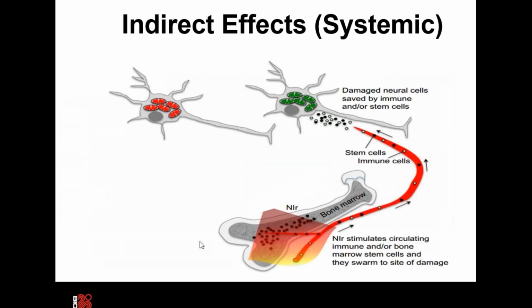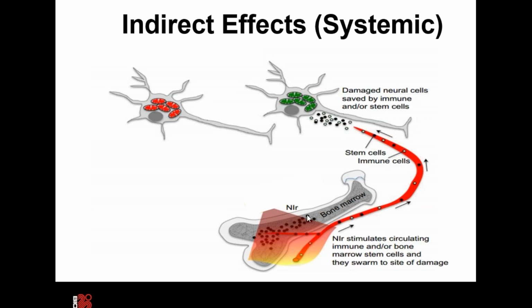efficiently and quicker. There's also a very important effect called a systemic effect, and this effect is when you treat a large area of the body, the blood, or the bone marrow, although the bone marrow is more difficult to treat because it lies deep to cortical bone. But if you treat blood, specifically either red or near infrared light can stimulate immune cells like white blood cells and platelets.